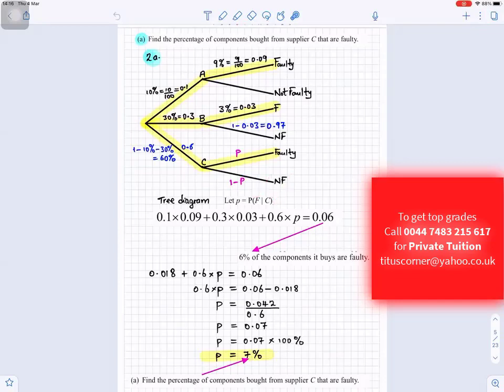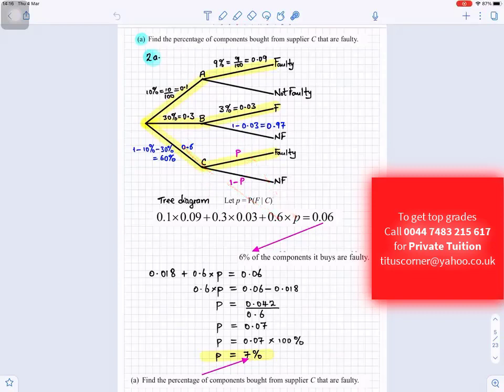We can use 0.1 times 0.09, plus 0.3 times 0.03, plus 0.6 times p.